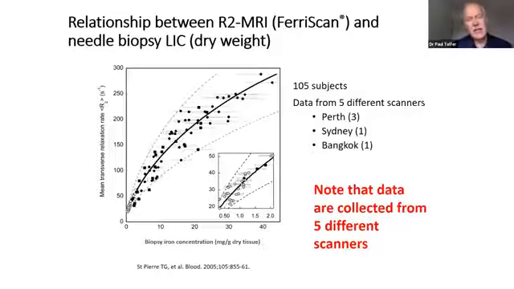But I think most would agree that certainly over the range of values that are useful clinically, let's say up to 20 milligrams per gram dry weight, there is a relatively good linear relationship between liver iron and the MR technology. And this has been validated across a large number of patients in different sites across the world.